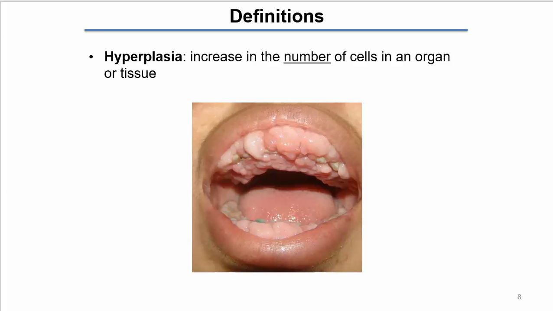And it's probably going to come as no surprise to you that there is a physiological hyperplasia and a pathological hyperplasia. So physiological hyperplasia is normal. It's normal stressors. It happens all the time.